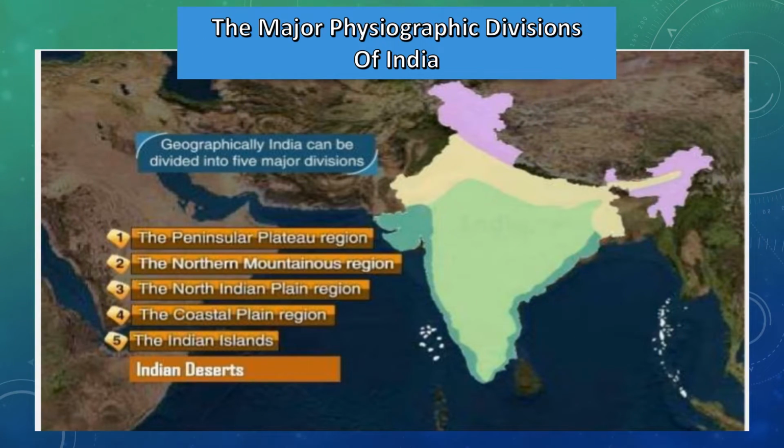The major physiographic divisions of India, which we shall be covering in this unit, are as follows. So if you look at the map carefully in front of you on the screen, then I'm going to show you each of the divisions.